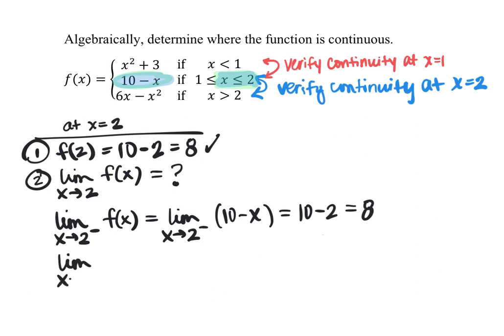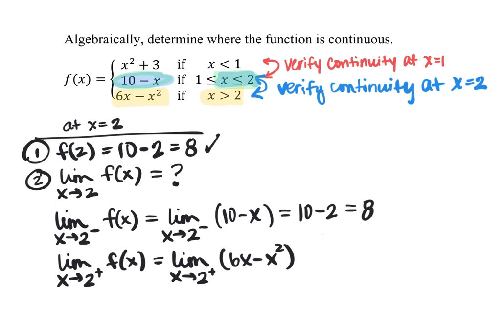Now let's look at the limit as x approaches 2 from the right. Meaning we are going to look at x values that are larger than 2. So again, looking at our piecewise function, if x is greater than 2, then we are on the third piece, the 6x minus x squared piece. So we'll take the limit of 6x minus x squared.